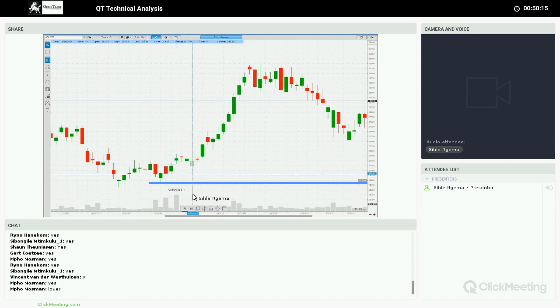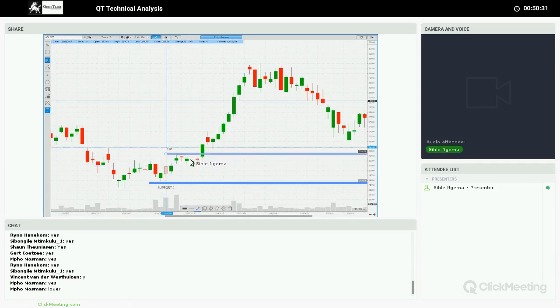I have resistance 1 right there at these highs. As you can see, the share went up. When it got here, it came a bit down. This is my resistance 1 for the share.